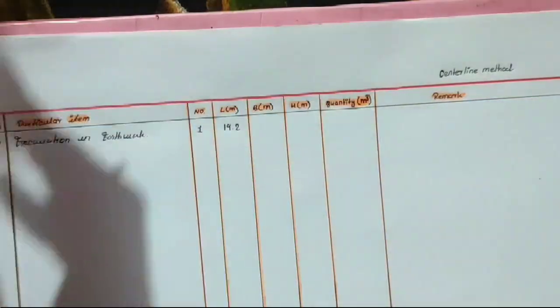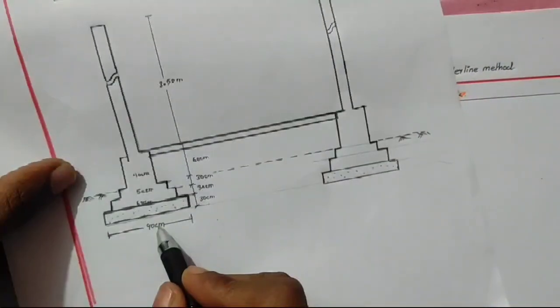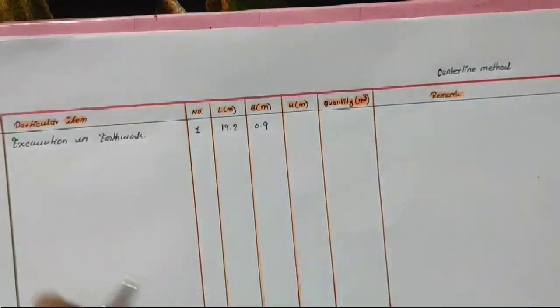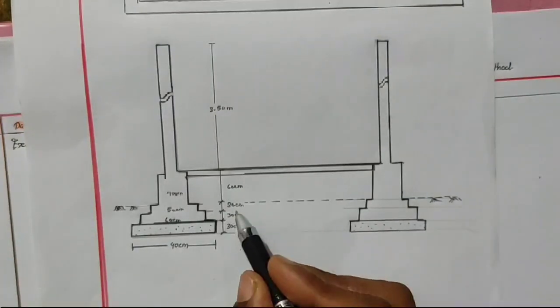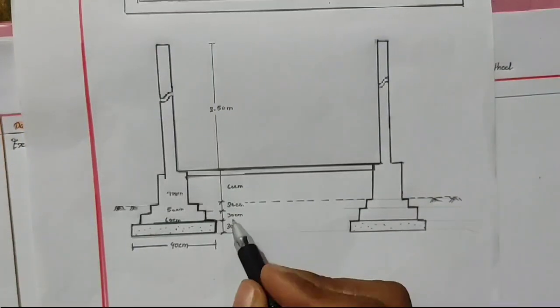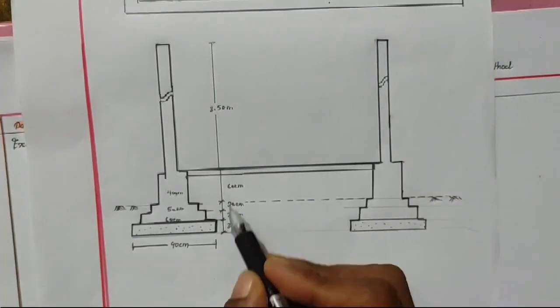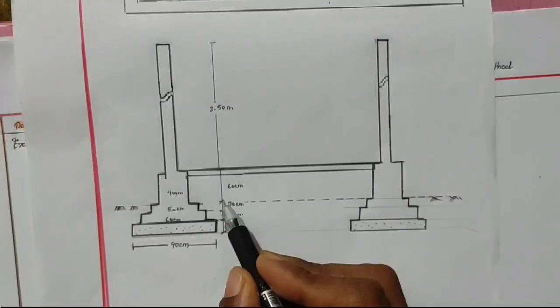And breadth is 90 centimeters, so 0.9 meter. Height is, now you can check, 90 centimeters, so 0.9 meter. You need to check the excavation from the ground level, below the ground level.